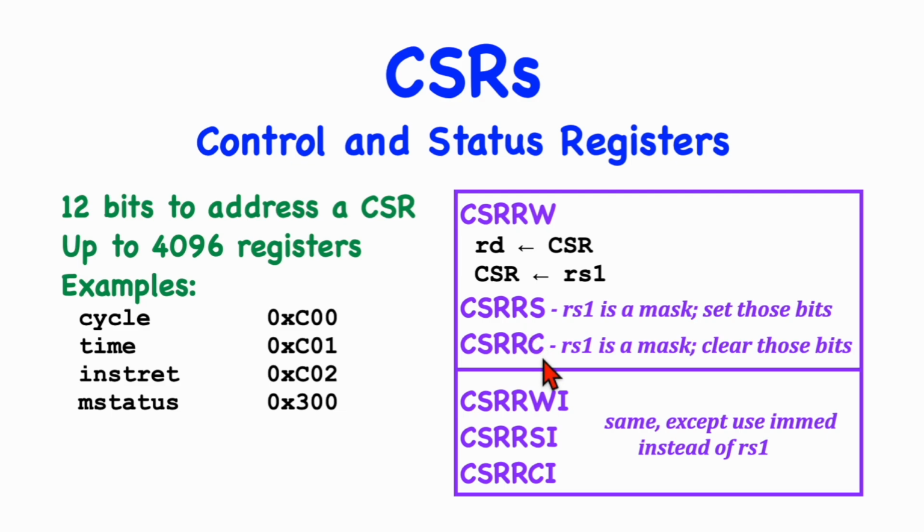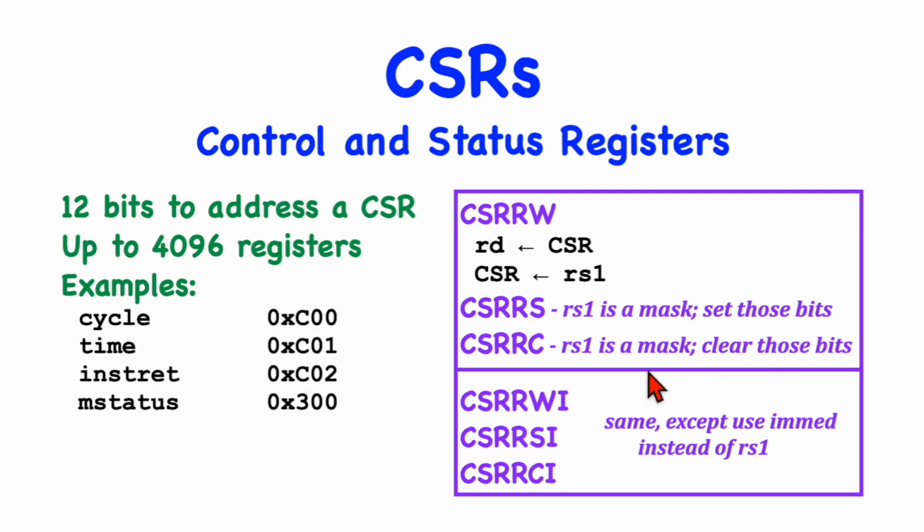This last one, CSR read and clear, is similar. The RS1 register contains a bit mask, and wherever there's a 1 in the mask, the corresponding bit in the control and status register would be cleared to 0.